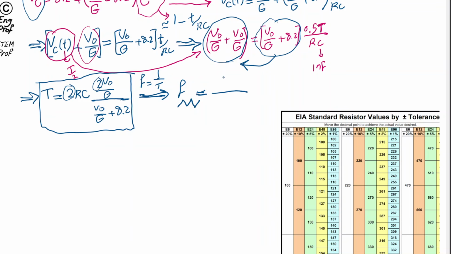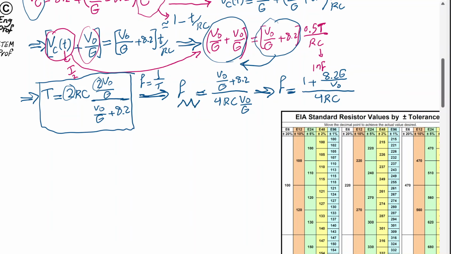So I will end up with V out over G plus 8.2 divided by 4 RC, and then we have V out over G. Let's just divide everywhere by V out over G and finalize the formula. So I end up computing that the frequency of the triangular waveform is just 1 plus 8.2 G over V out, divided by 4RC.